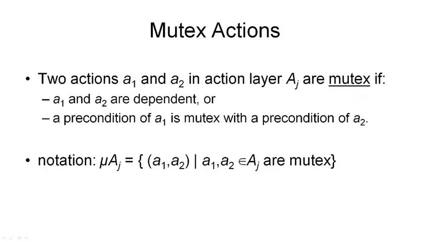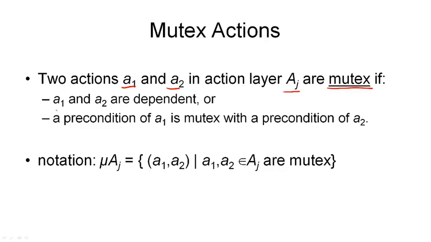And now we can formally define what it means for two actions in the same action layer to be mutually exclusive. And this definition is quite simple. We can say that two actions A1 and A2 that are in the same action layer AJ are mutex if one of the following two conditions holds.